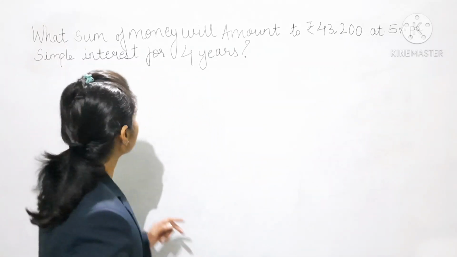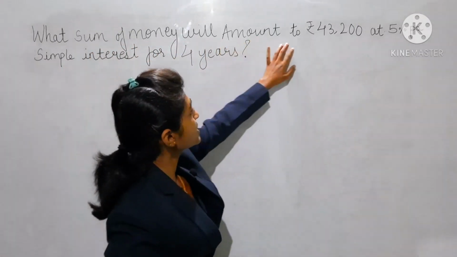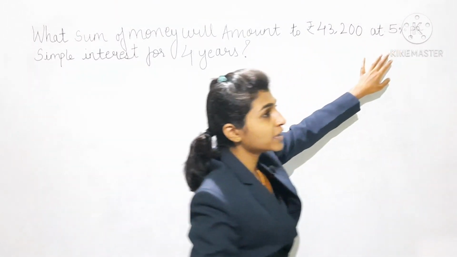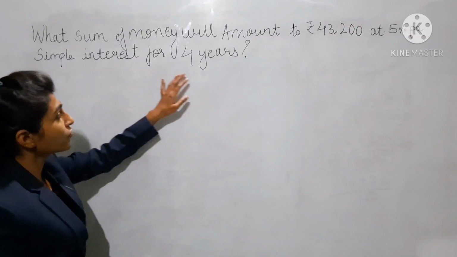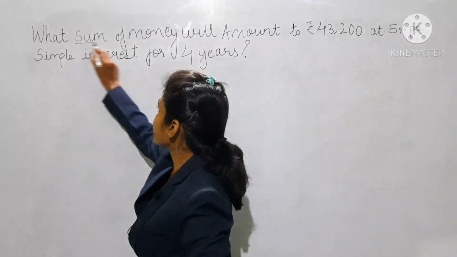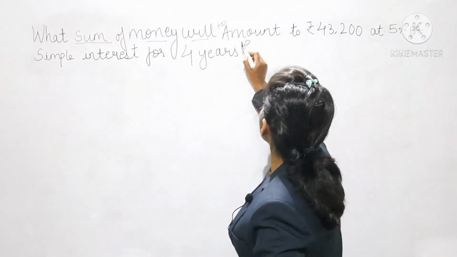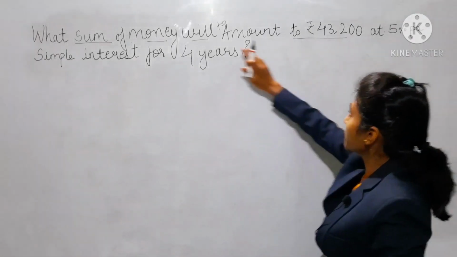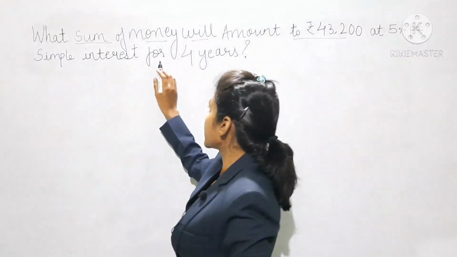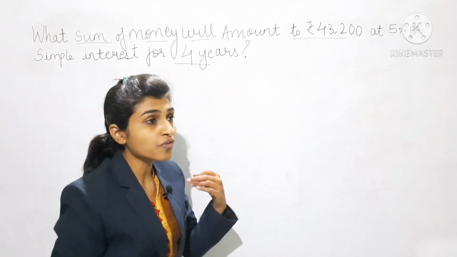Example number 5 is: what sum of money will amount to rupees 43,200 at 5% per annum simple interest for 4 years. So basically in this example they have asked us to find the sum.